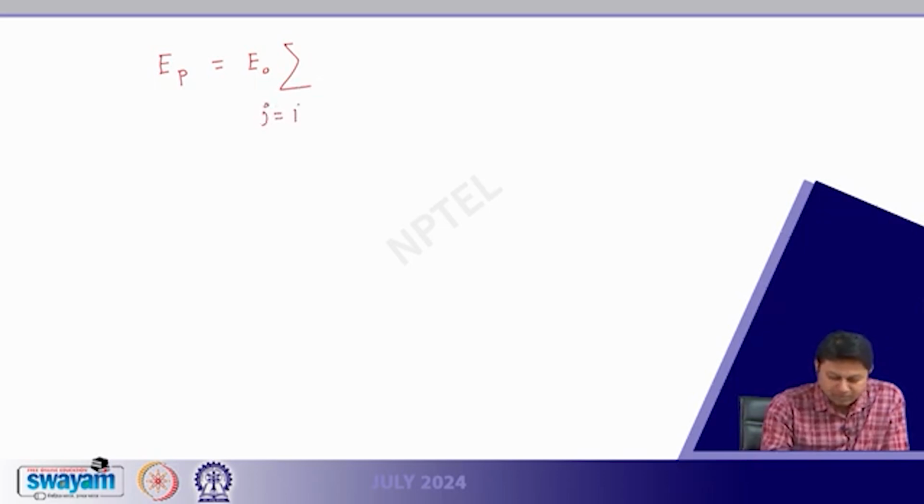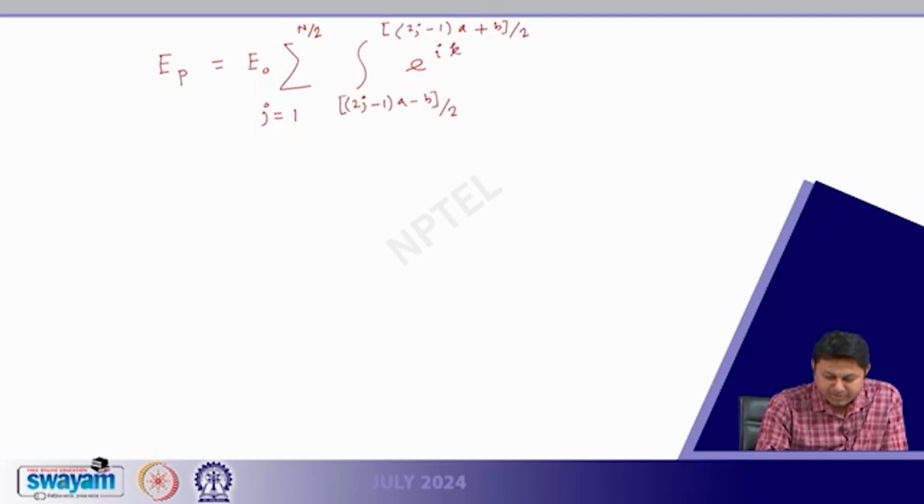J can go from slit 1 to slit n by 2 one side, and the lower limit is 2 j minus 1 multiplied by a minus b by 2, and the upper limit is 2 j minus 1 a plus b by 2, and then e to the power of I, the same thing, k y sin theta dy.